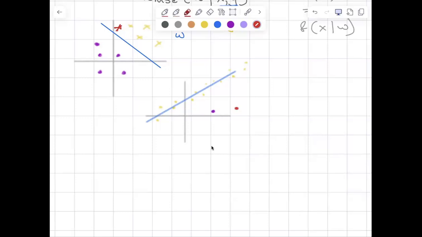If I include the red point, guess how much the blue line is going to shift? It'll just be like this. It'll be barely, you can't even make out that difference. So the point is, the more data you have, the less impact outliers are going to have.